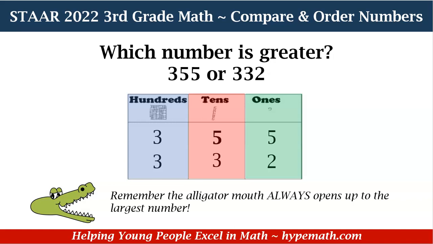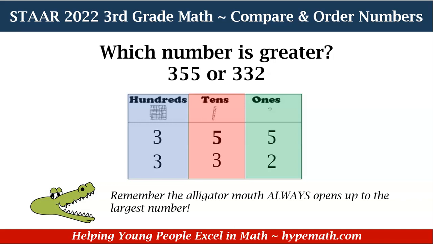So looking at 355, we see that we have a 3 in the hundreds place, a 5 in the tens place, and a 5 in the ones place. For 332, we have a 3 in the hundreds place, a 3 in the tens place, and a 2 in the ones place. So we're going to start at the hundreds place and compare our numbers.